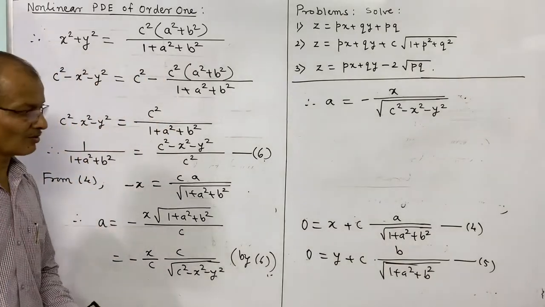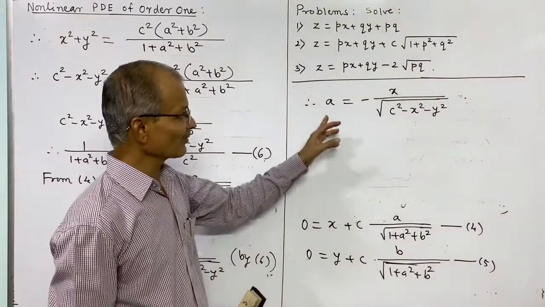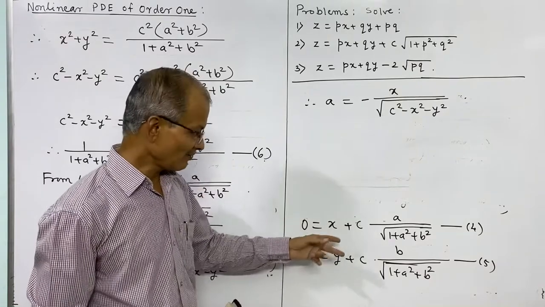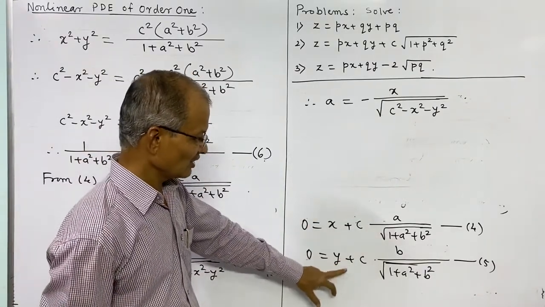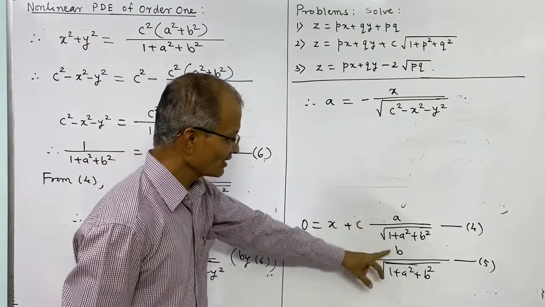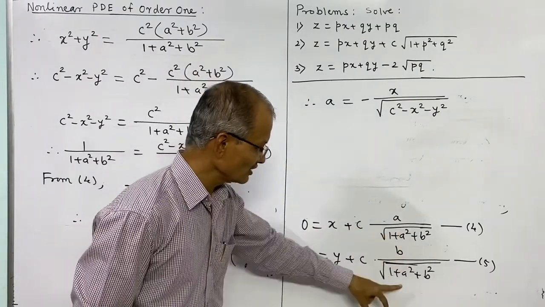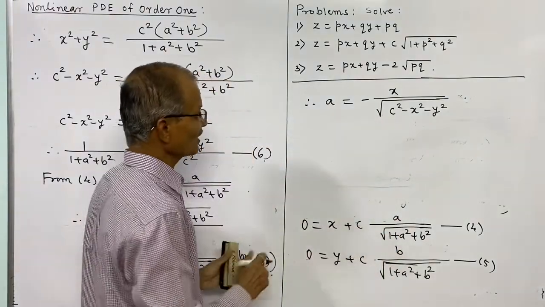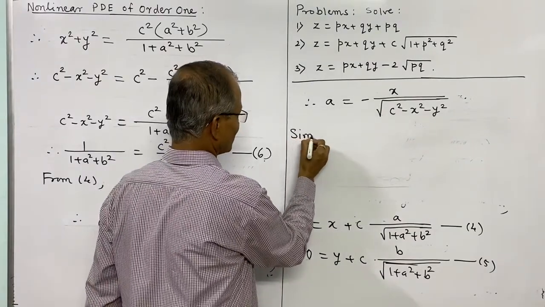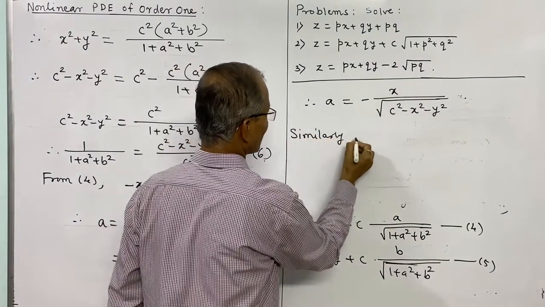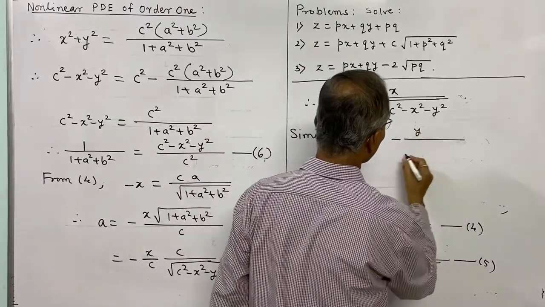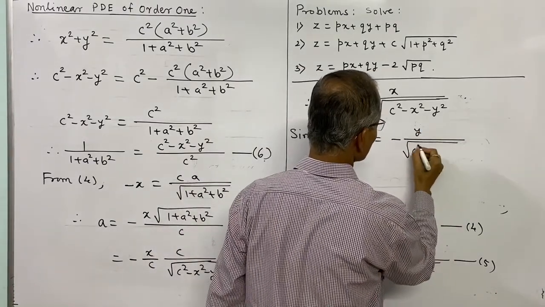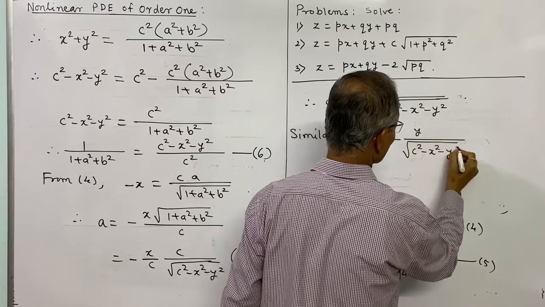We want to eliminate a and b. So we have obtained the value of a, and by symmetry, see these two equations: in place of a here is b, and the expression is symmetric. So similarly we can write the value of b. b is negative y divided by under root c square minus x square minus y square.